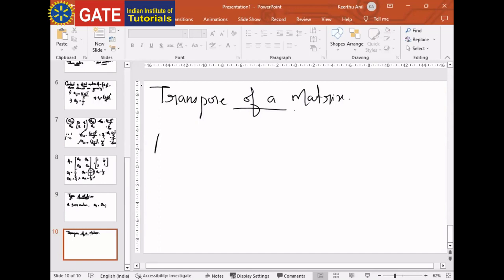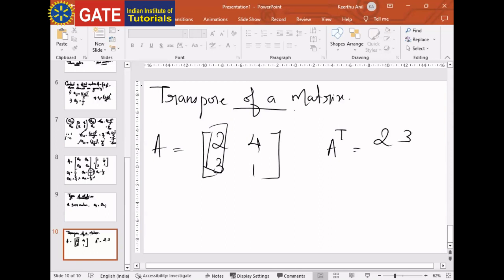Say, for example, I am having a matrix A equals 2, 4, 3, 1. Now, what will be the value of A transpose? It should be interchanged. If this is a column in this matrix, this should be the row in the next matrix. If this is a row in the matrix, then this should be the column. Understood?